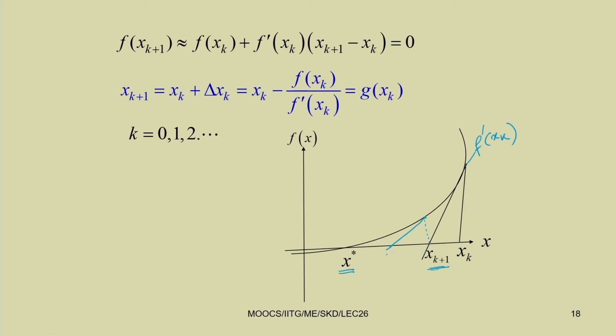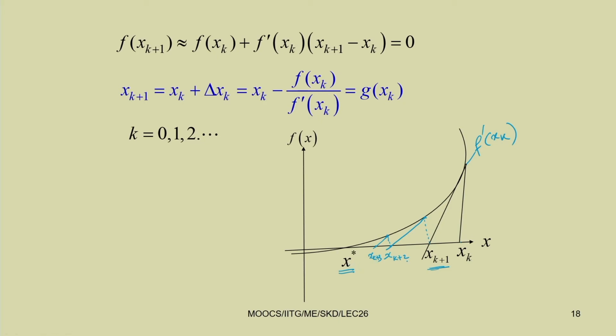So, this will be our next iteration point, xk+2. Again we go to this point and draw a tangent and we get xk+3. You can notice that this xk+3 is closer to x*.